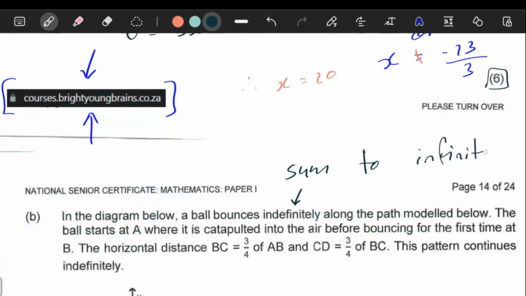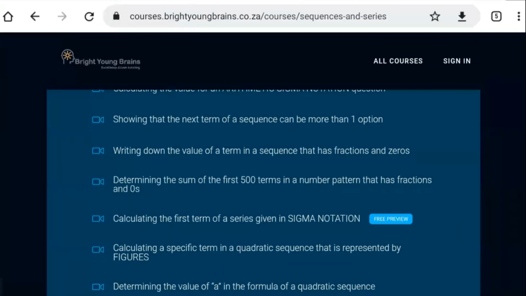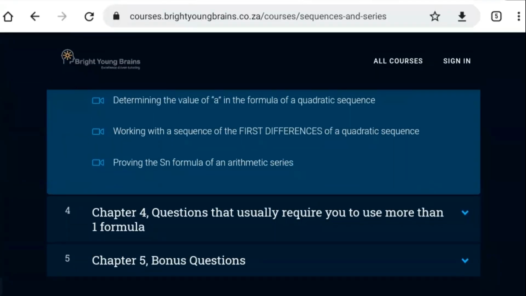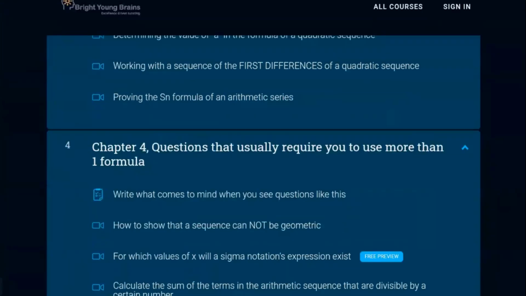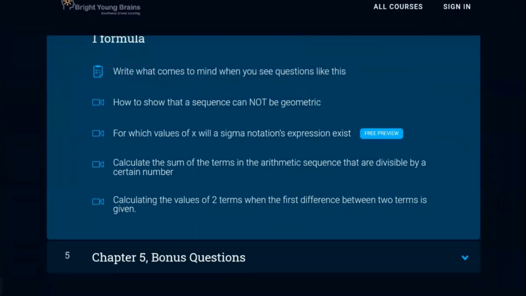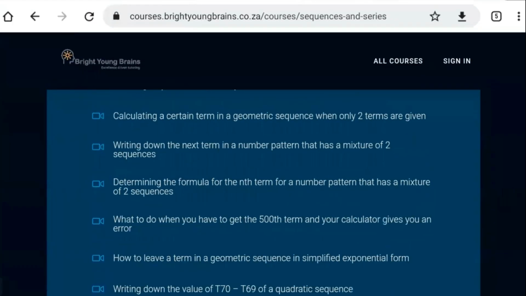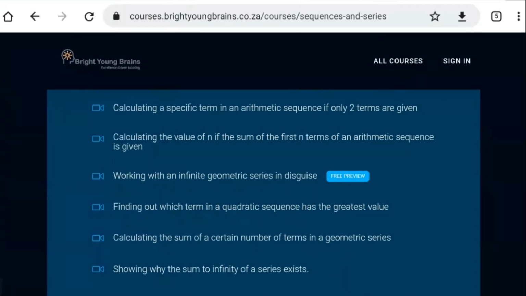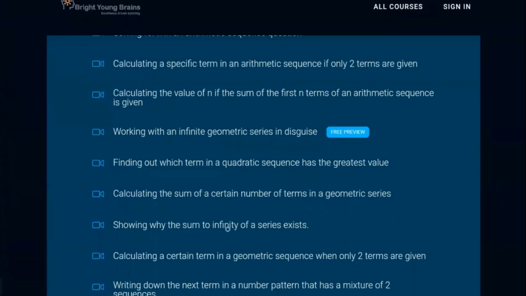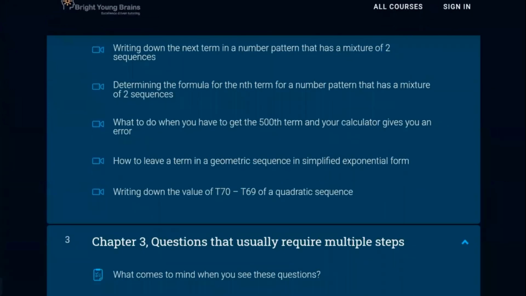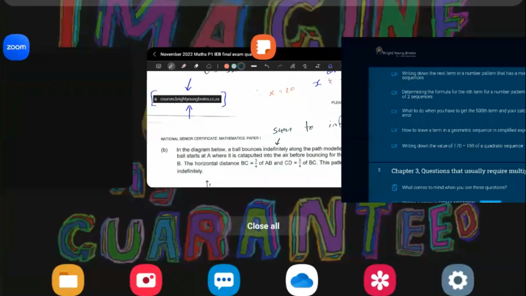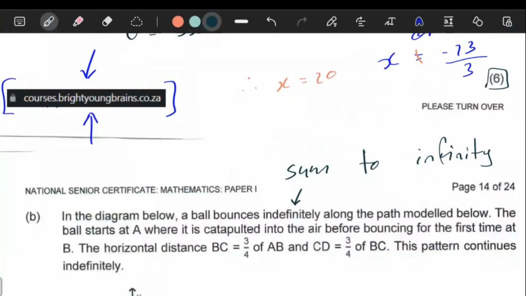You see, these kinds of words are similar to the other kinds of words that you can expect to see when you deal with sequences and series questions. The kinds of words that you should be able to recognize are words like finite, and infinity, obviously. And then as they have worded out here, indefinitely. It means sum to infinity.